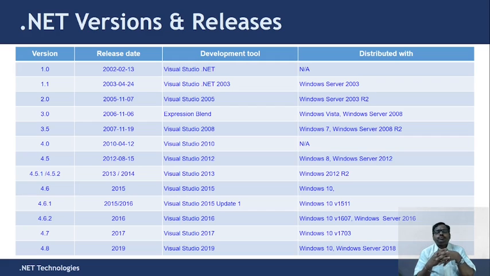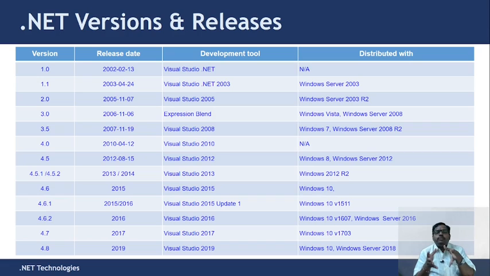As we saw, .NET provides designing the application across the platforms and using various programming languages. Here you can see the various versions of software development tool, starting from Visual Studio .NET 2003, 2005, 2008, 2010, 12, 13, and the recent one is 2019.